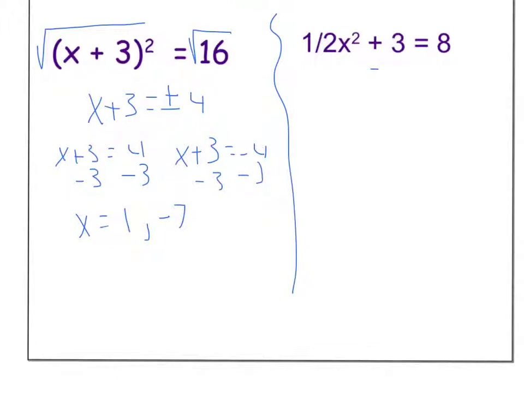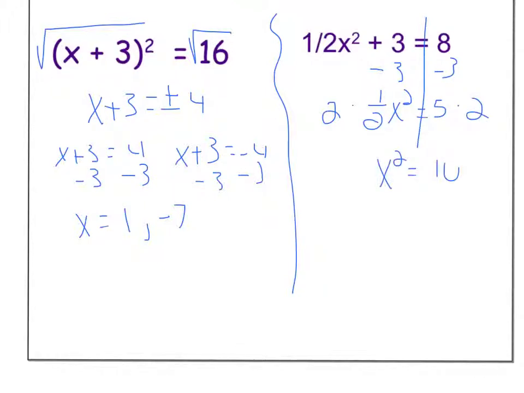All right, this one is not quite as tricky. You're just using your inverse operations, but I wanted to remind you about if the coefficient is a fraction. If it's a fraction, remember you multiply by the reciprocal. So in this case, we're multiplying by 2. So I have x squared equals 10. The square root of 10 is an irrational number.